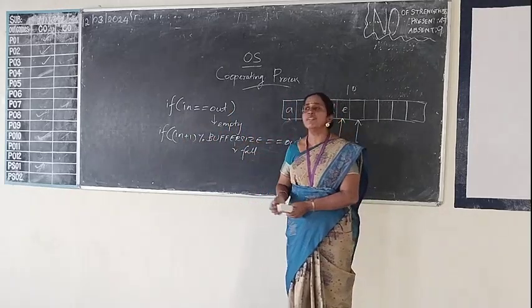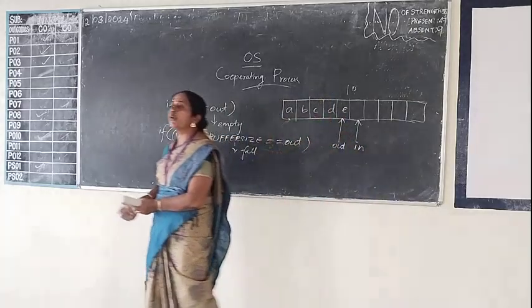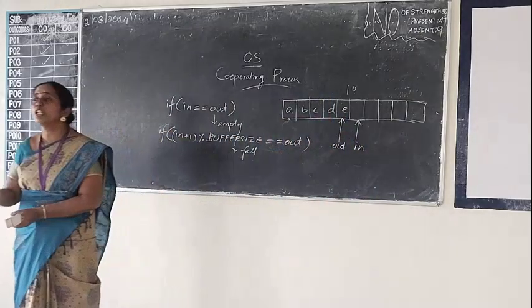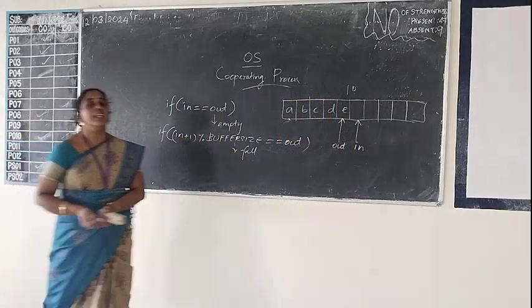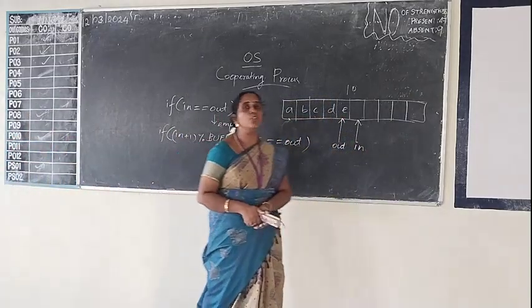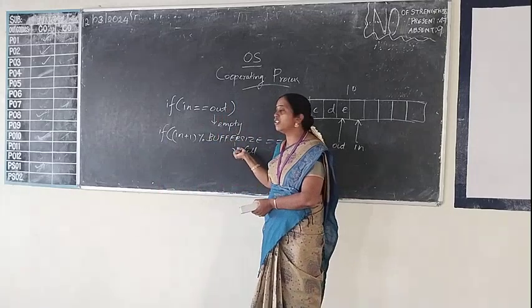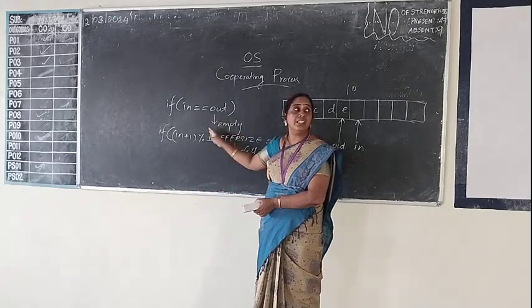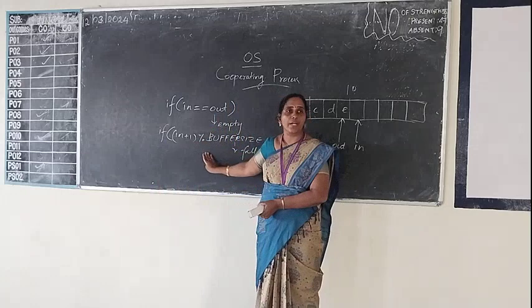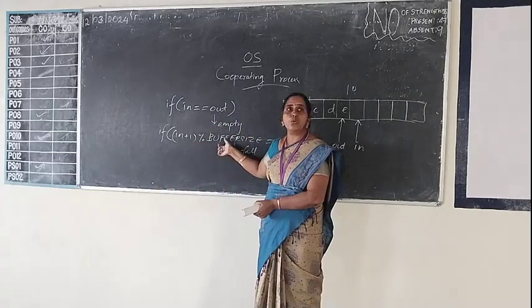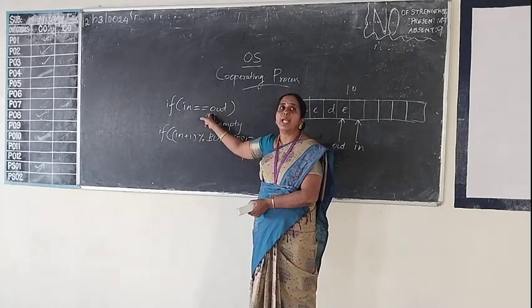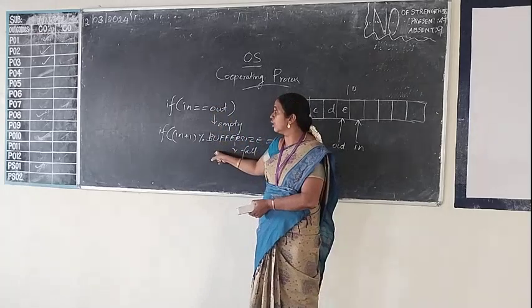If the buffer is full, then the producer process cannot produce new items, and if the buffer is empty, the consumer cannot consume any product. So the consumer has to wait until the producer produces a new product. So these are the two conditions for checking buffer empty and buffer full.